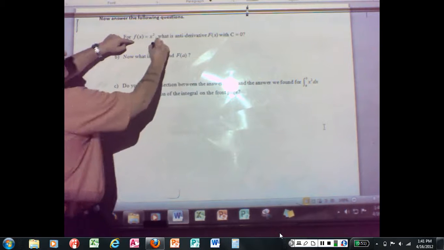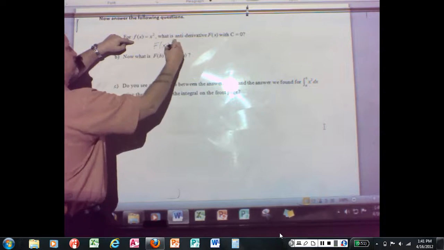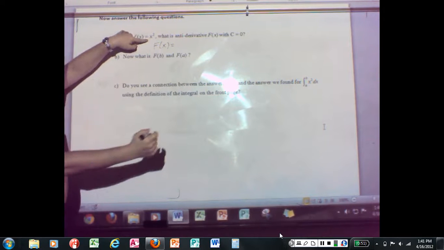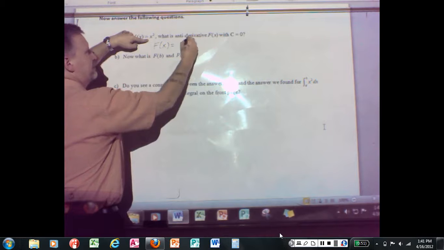For f of x equals x squared, what's the antiderivative with c equals 0? What's the antiderivative? The antiderivative, big F of x, remember that's where you add 1 to the power, and then divide by the new power.